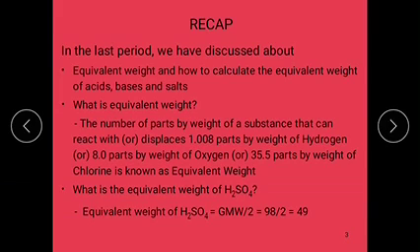The number of displaceable hydrogen ions on ionization is called basicity. In the case of H2SO4, the displaceable hydrogens are 2, so its basicity is 2. 98, the gram molecular weight of H2SO4, divided by its basicity 2, is equal to 49.